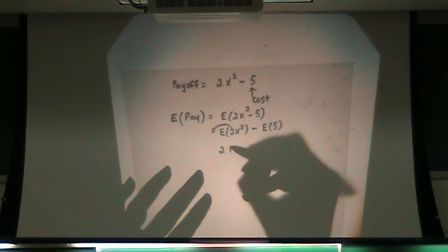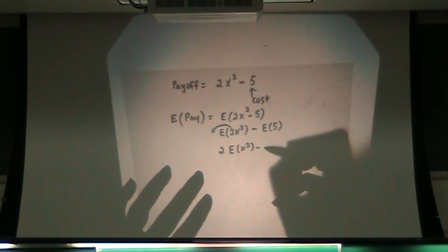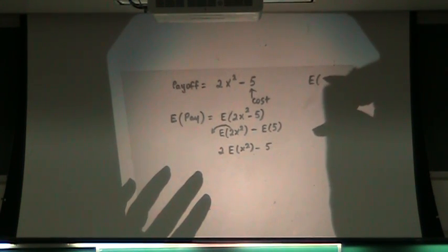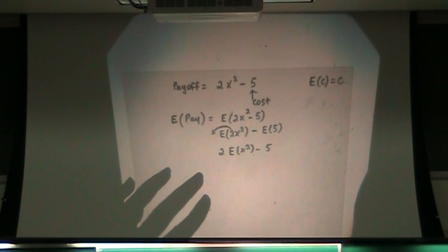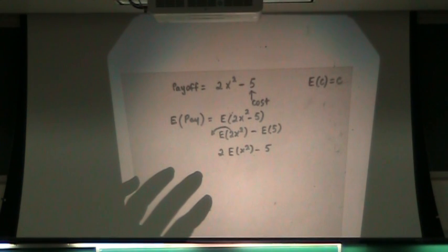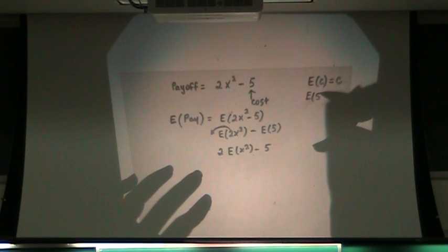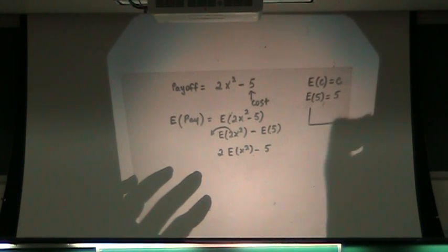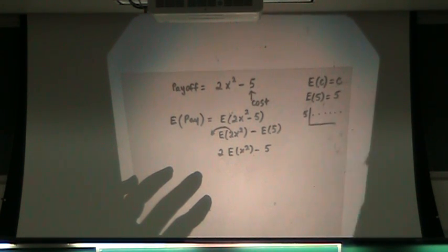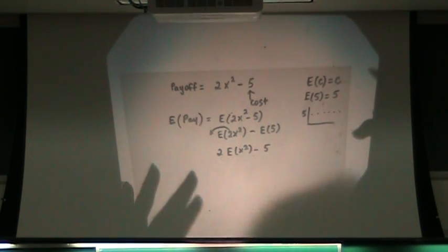So this would be 2E of x squared minus E of 5. E of 5 is 5. E of a constant is the constant. If you have a constant function, the mean of that function is that same constant value, right? Look at this. E of 5 is 5, because if I have constant of 5, then the mean of that is also 5. Mean of that whole function is also 5.